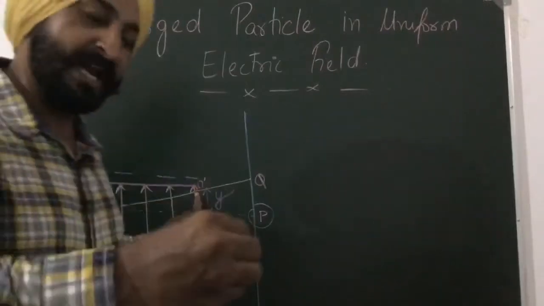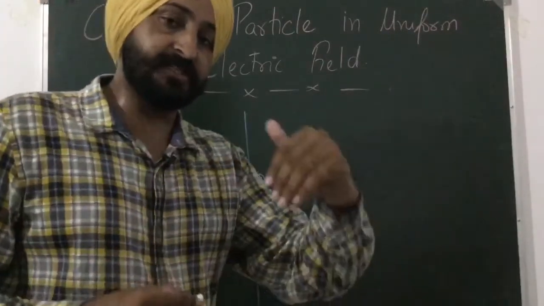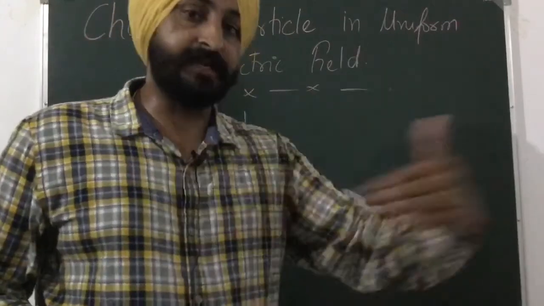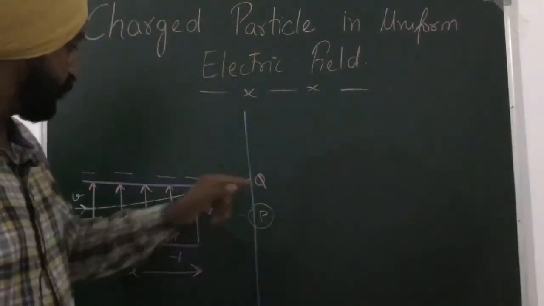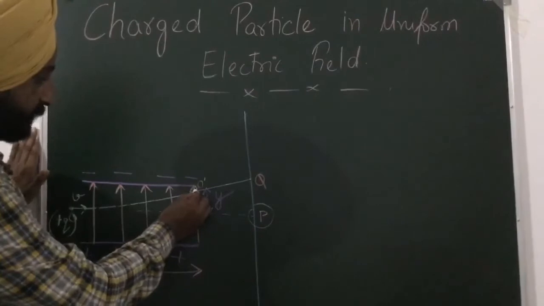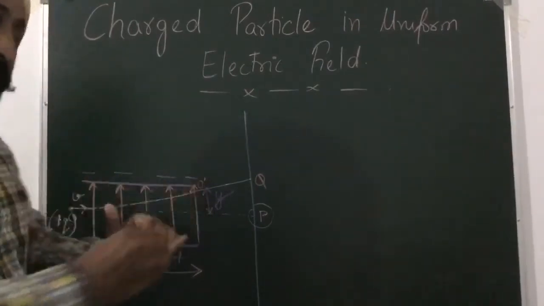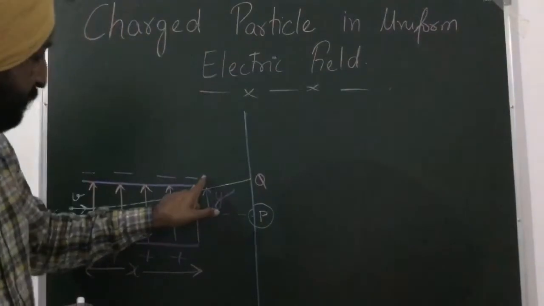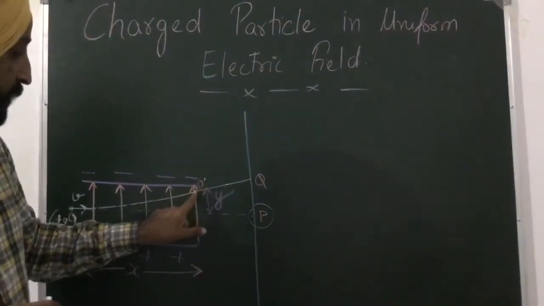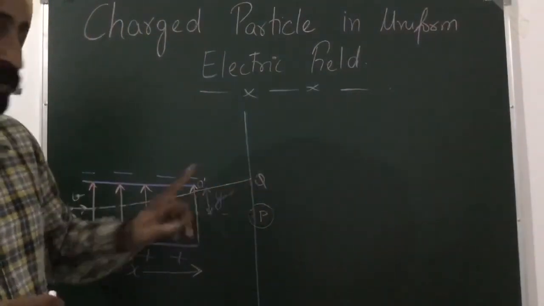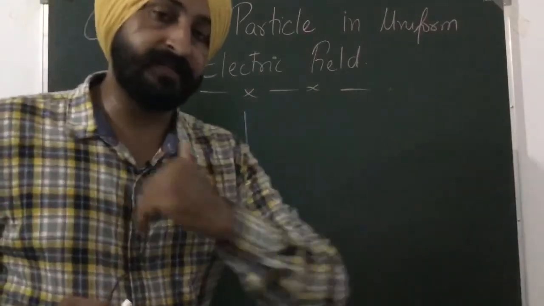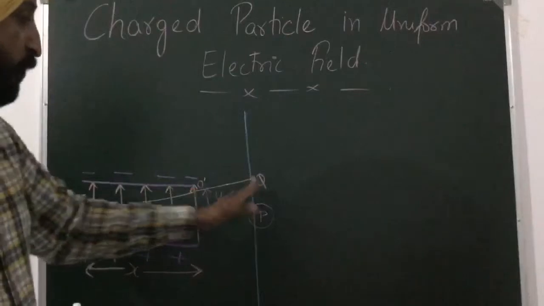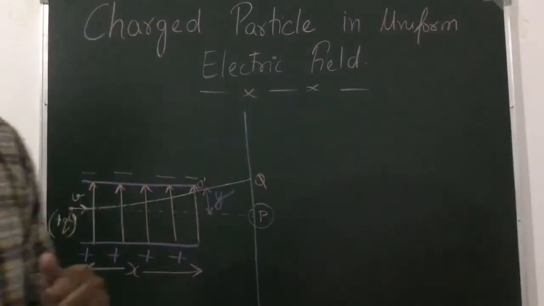And as soon as this particle reaches out of electric field, it will start moving in a straight line due to inertia. So from this point onwards, this charged particle will move in the straight line. I have mentioned this point as O dash. From O dash to Q, charged particle will move in the straight line path, and it will reach at point Q on the screen. Right?